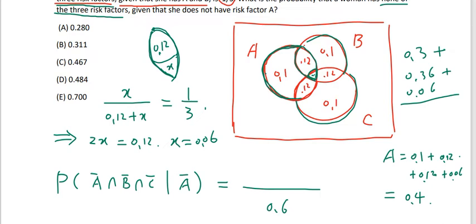So this means the other side is 0.28. Okay, so there's the probability. So among not A, the other side is this.